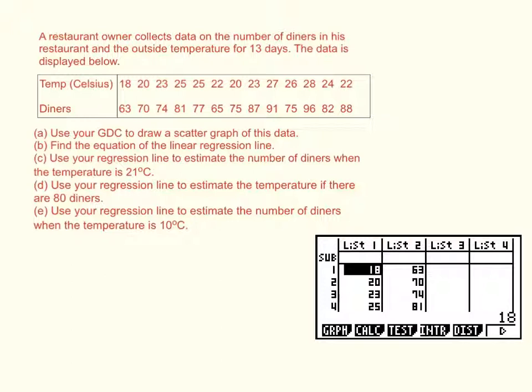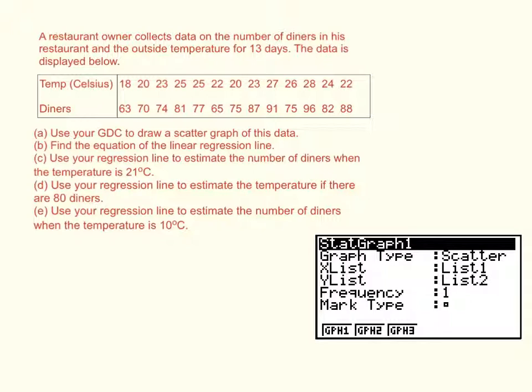Now we need to draw the scatter graph, and the way we do that is we go to graph, and when we go to graph we get this page, and then we go to set to double check that we are actually going to get a scatter graph, which gives us this page. And we need to make sure that here it says scatter graph, and list 1 and list 2 are the two lists that we are using.